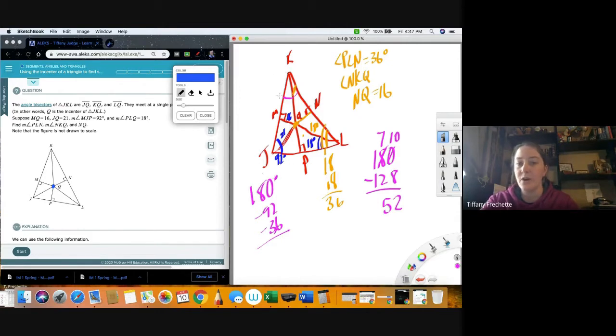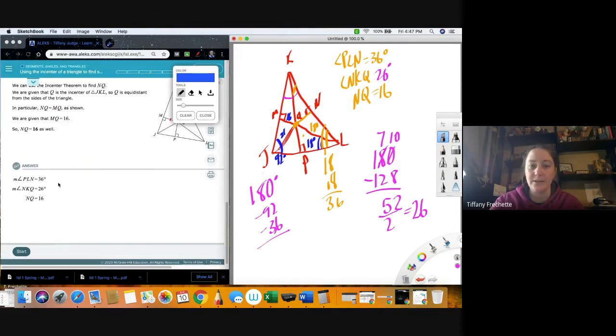So we know that this whole thing up here is 52 degrees. Remember, this is an angle bisector. It cuts it in half. All I have to do is divide by 2, and I'll have my answer. It goes in twice, and 26. So 26 degrees. And if we scroll down here, we find 36, 26, and 16.